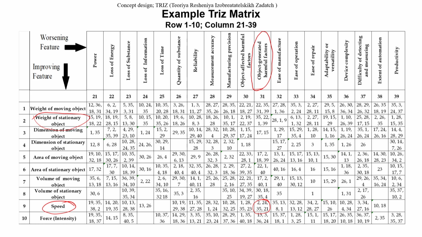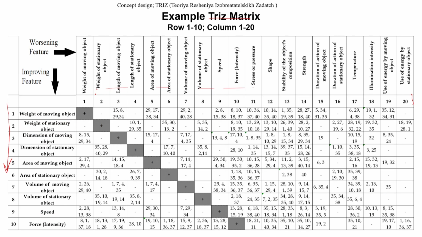Where do we get the strength? We do not see it here, because this is from 21 onwards. So, let us go forward and see weight of stationary object here, number 2, and you see it here: area, volume, speed, force, stress, strength, number 14.